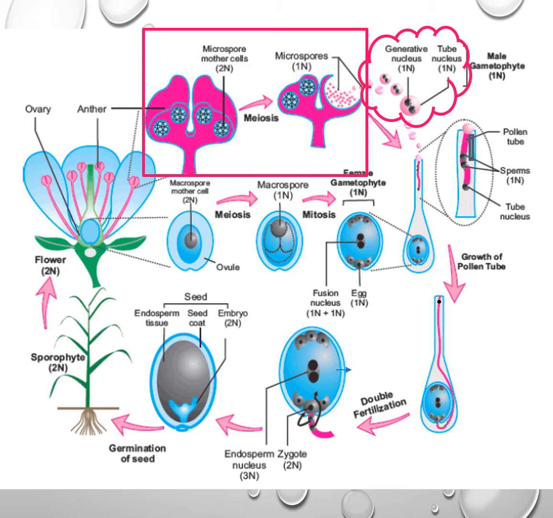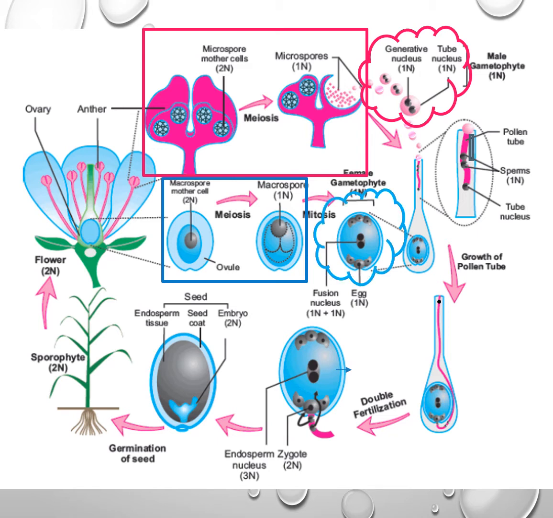And now proceeding towards the female part. This is the female part. Starting from the first thing, which is the microspore mother cell, which is right at this time diploid, undergoes meiosis and is converted to microspore, which is now haploid.